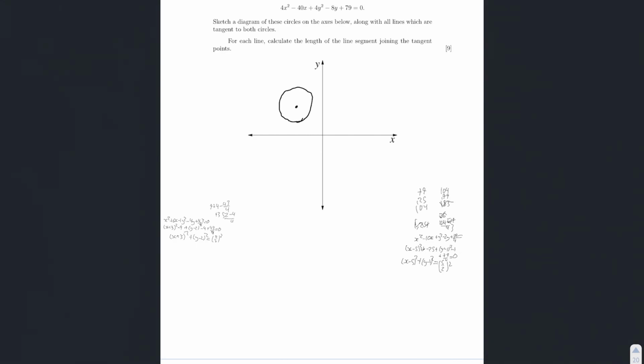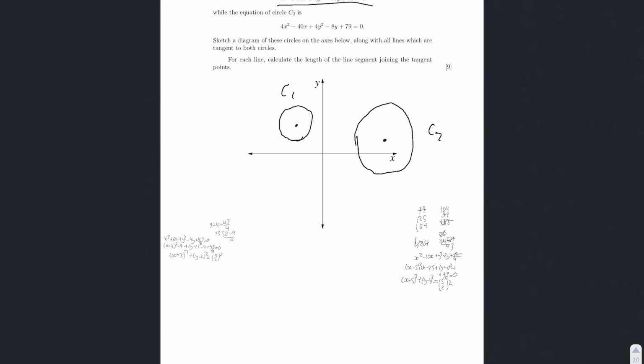So this has a centre of 5, 1, which is going to be below. But it's going to go through this because the radius is 5 halves, which is bigger than 1. So that's the sketch of the circle. So I'm just going to write C2, C1.